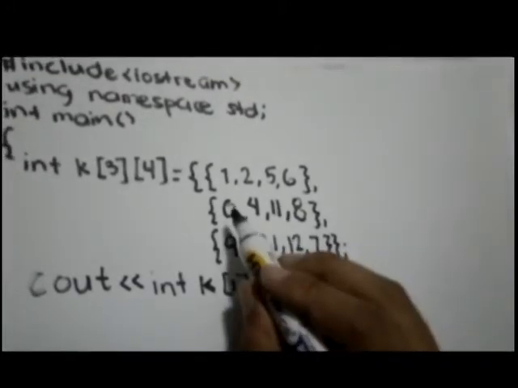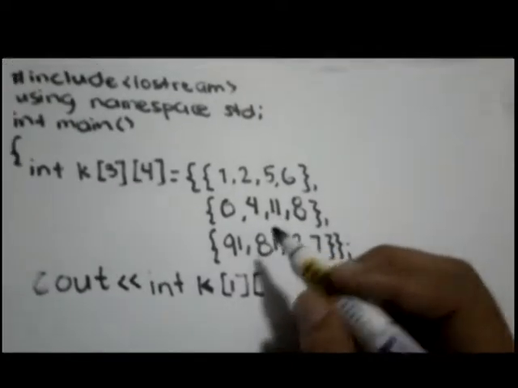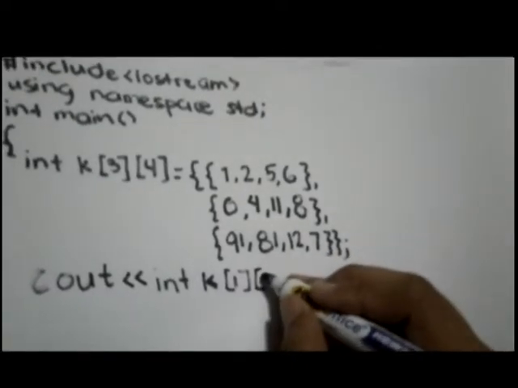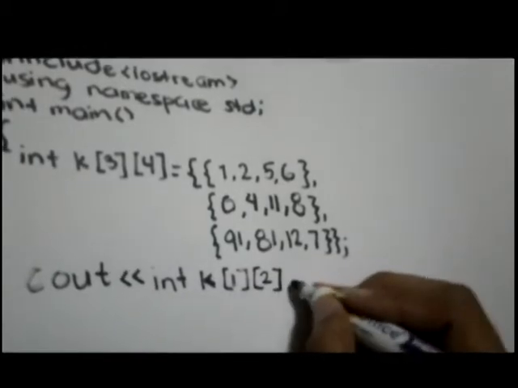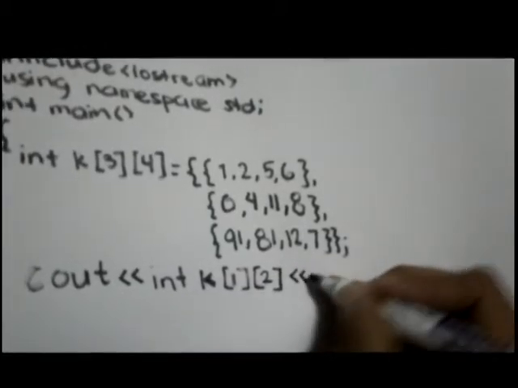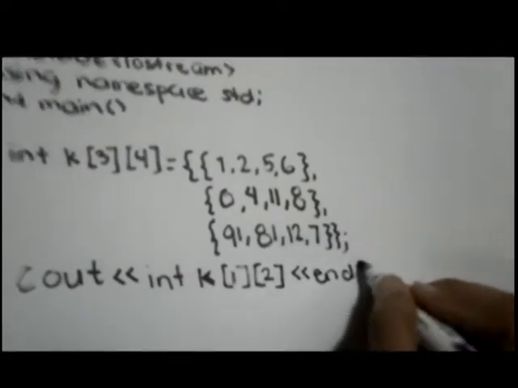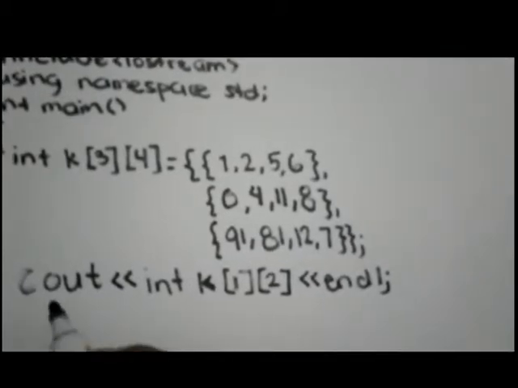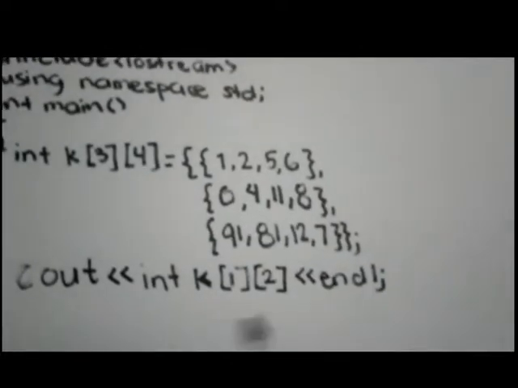So if you count, starting with 0: 0, 1, 2. So cout K[1][2], and it will display 11.